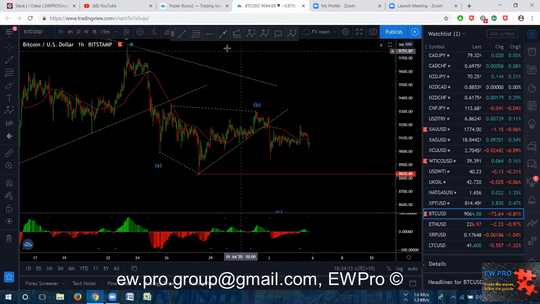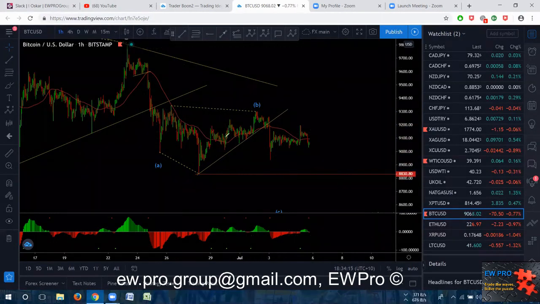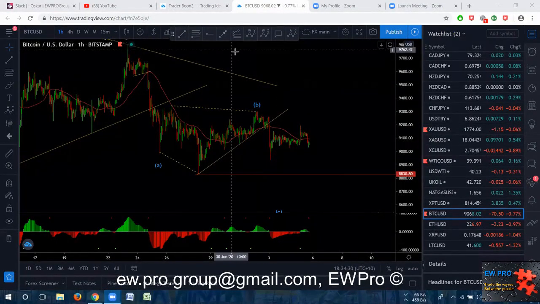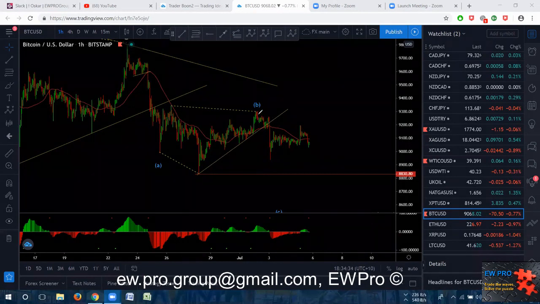I mean, if you did take this trade, the buy, here was your flag in here. If you took this break, your stop loss would have been at the low. So you would have still made a little bit, or at least got a break even trade out of that buy.